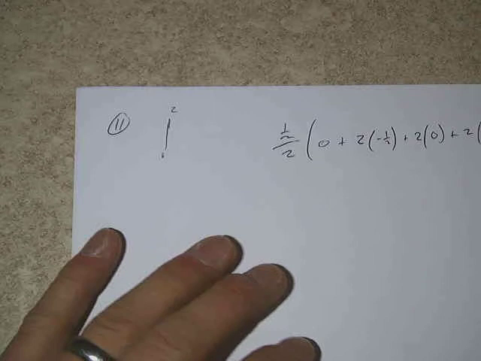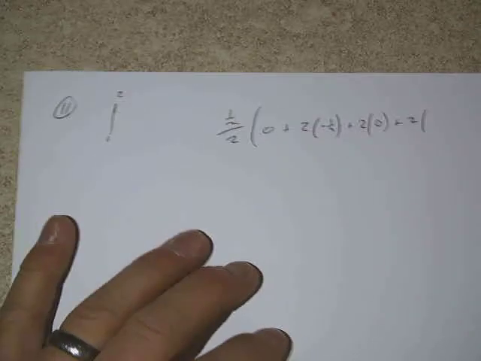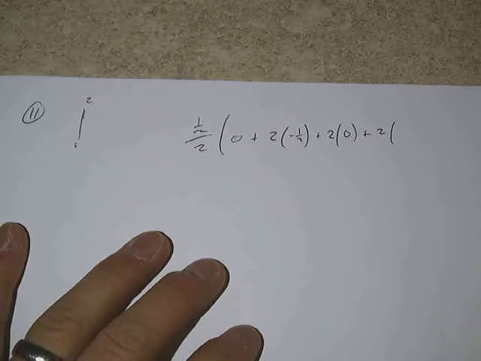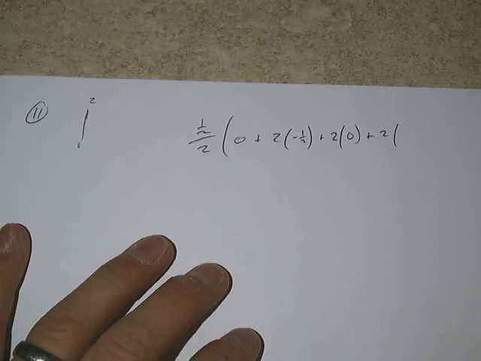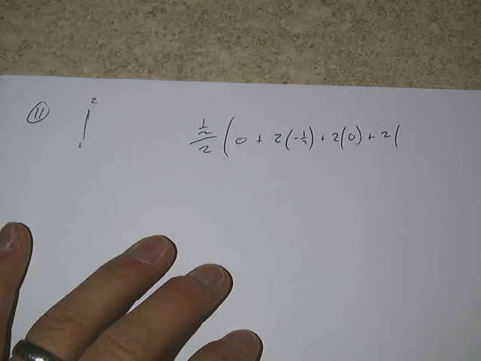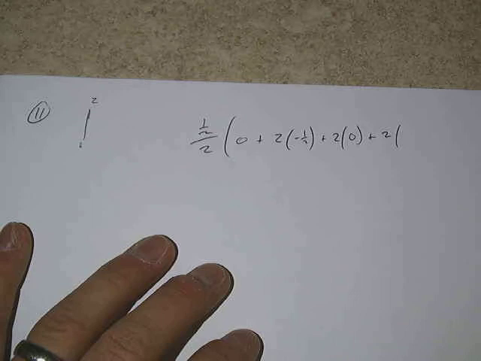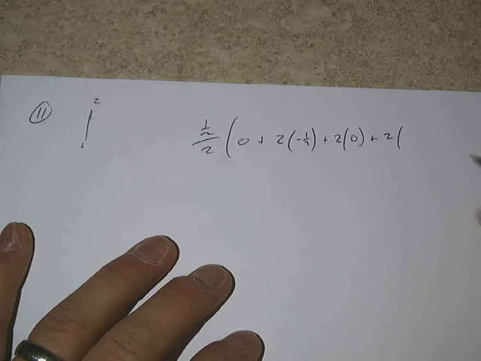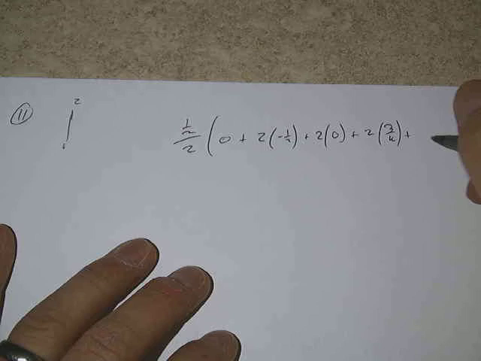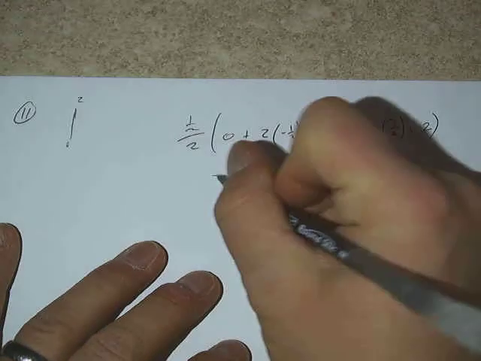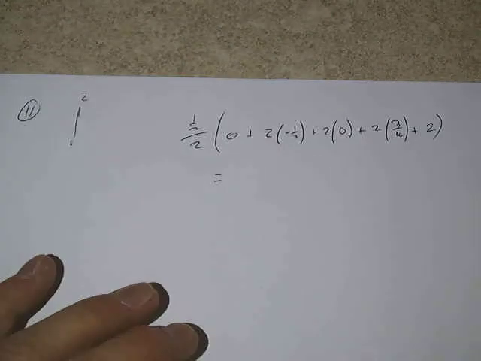Then if we put a 3 halves in there, for that third subinterval, 3 halves squared would be 9/4 minus 3 halves. And keep in mind that 3 halves would be 6/4. So 9/4 minus 6/4 would be 3/4. And then finally at 2, we'd be at 4 minus 2, which is 2. And so ultimately it's just a matter of calculating that, and we're good to go.